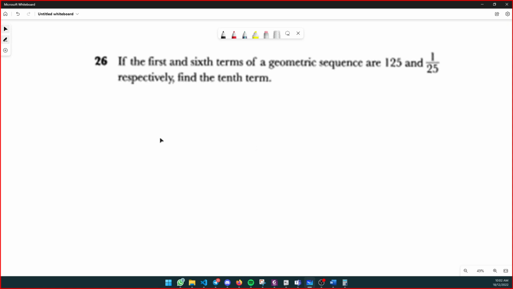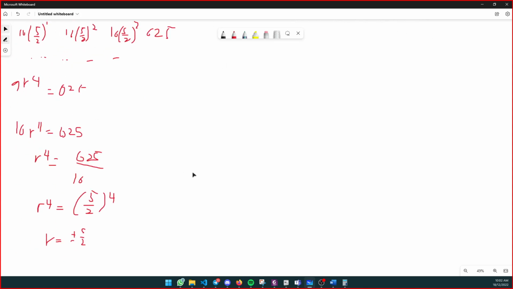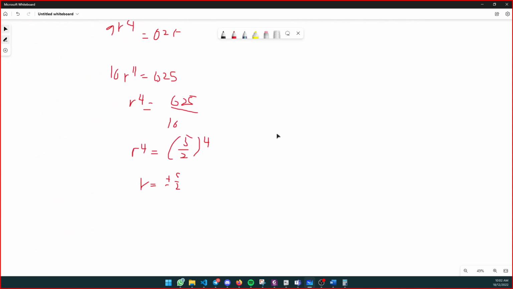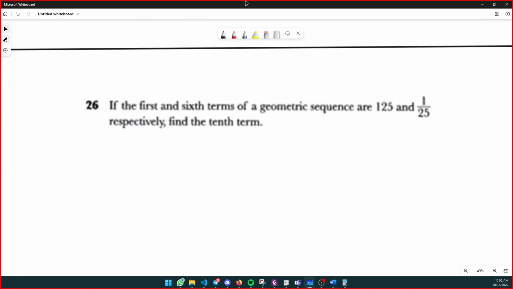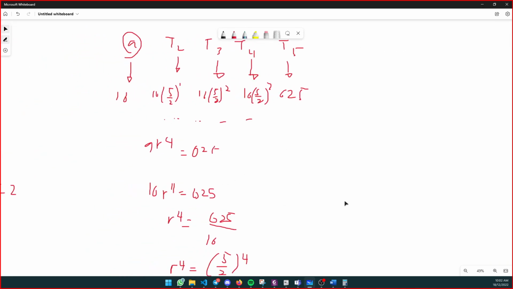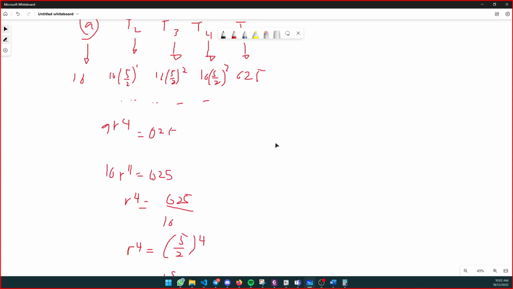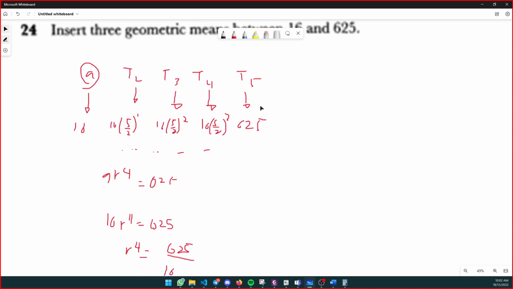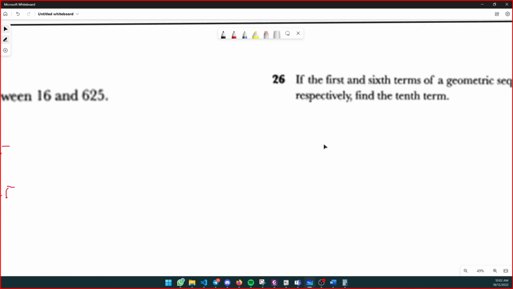Okay, so we know that just now the answer was r equals plus minus 5 over 2. It can be negative also because we don't know. Even if it's negative 5 over 2, when it comes to T5, it will make sense, because T5 is power 4, so even if it's negative you still get the value.